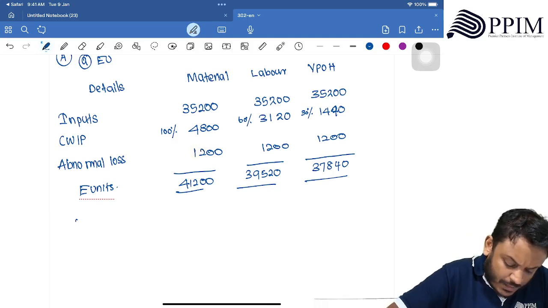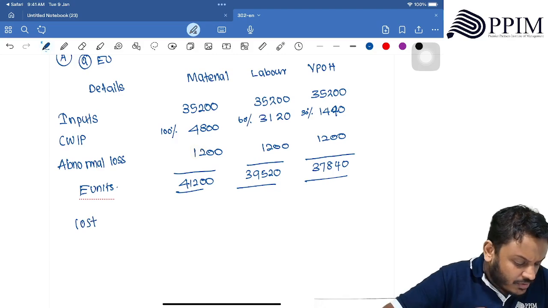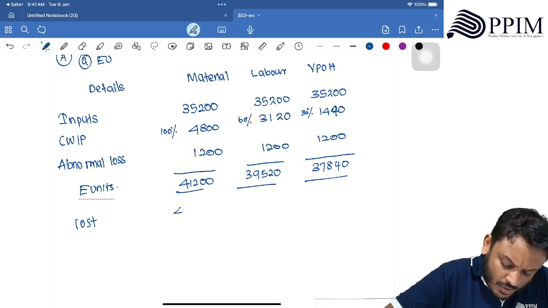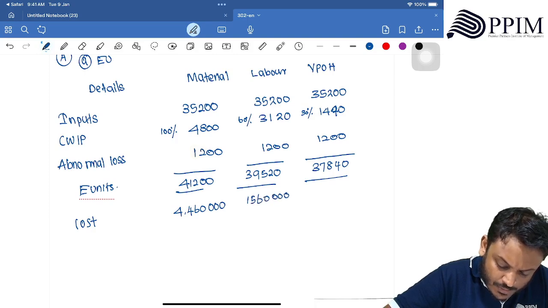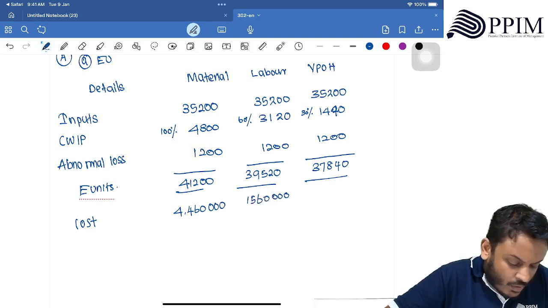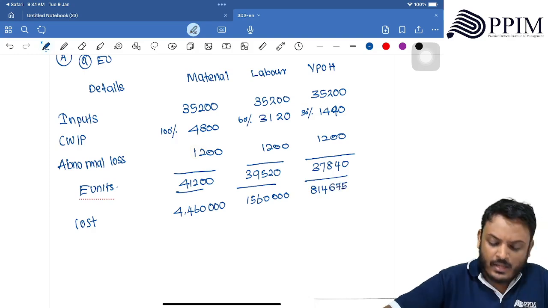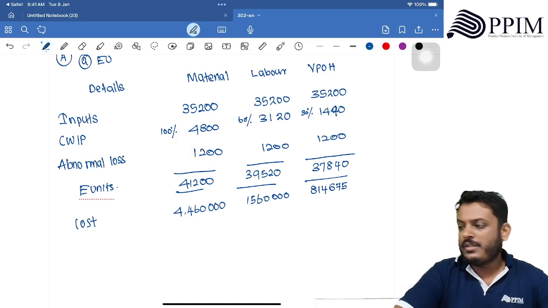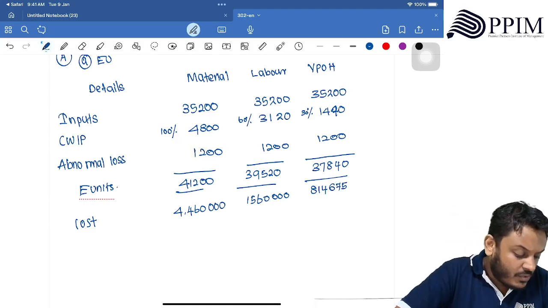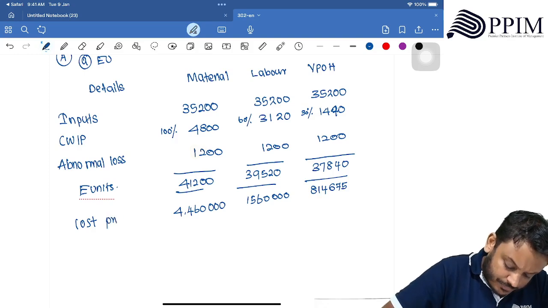Now let's take the cost also. Cost details are given. Material cost is 4,460,000, then 1,560,000, and labor overhead 814,675. This is your process cost.